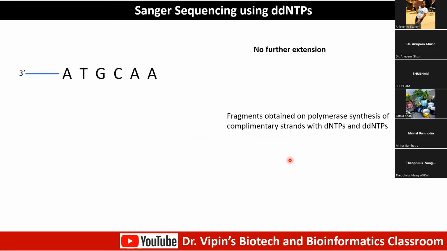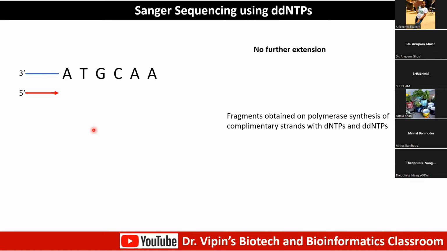So we come first to Sanger sequencing. Very quickly, we'll go through this. Sanger sequencing was a very smart way of sequencing the DNA. They use dNTPs, and alongside they also use what is known as ddNTP, or dideoxynucleotide triphosphate. These do not have a 3' OH, and because the 3' OH is absent, once the ddNTP gets incorporated, further extension does not happen. So here you have your primer and you're extending.